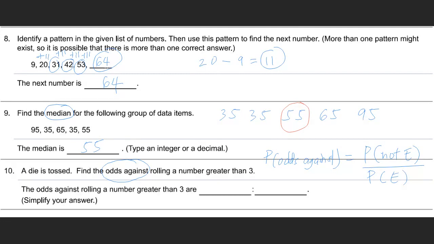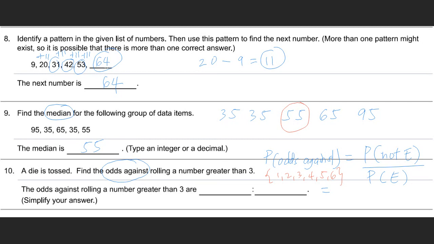Okay, so what would be the probability that it will not occur? Remember, the sample space for a die is 6. So as you can see here, the sample space is 1, 2, 3, 4, 5, 6, because we have 6 faces.